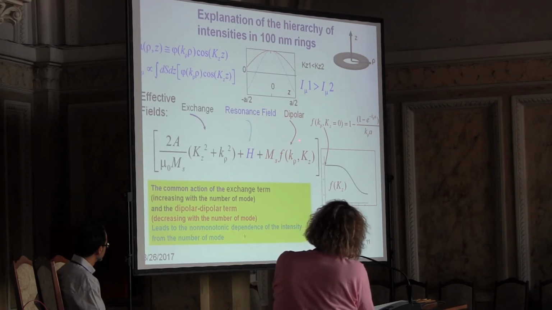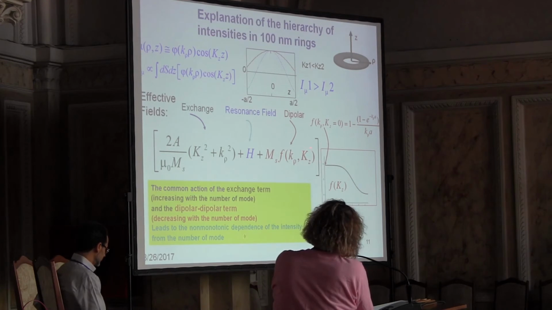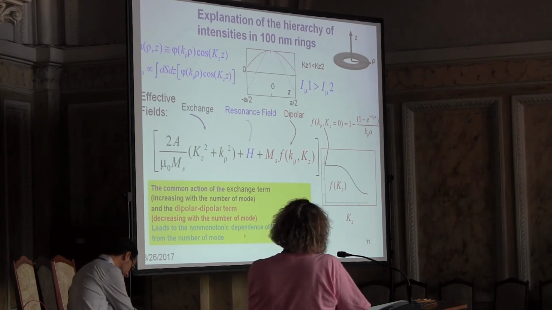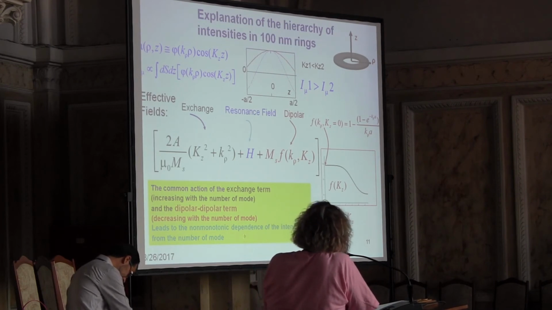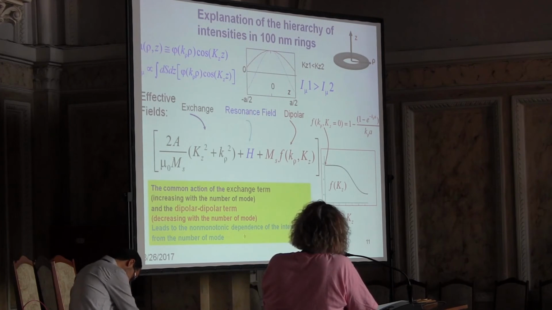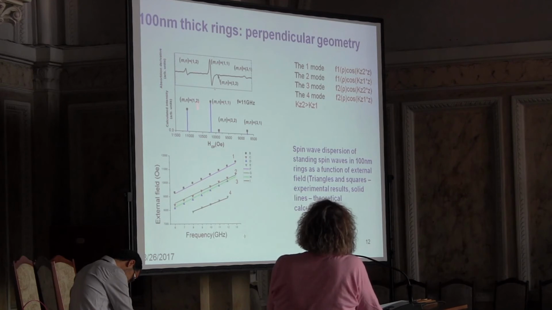Then the dipolar field, vice versa, as my calculation shows, decreases with increasing number of the spin wave mode. So this interplay between the dipolar term and the exchange term leads to such a dependence of intensity. This is the theoretical calculation of the intensity of these modes.